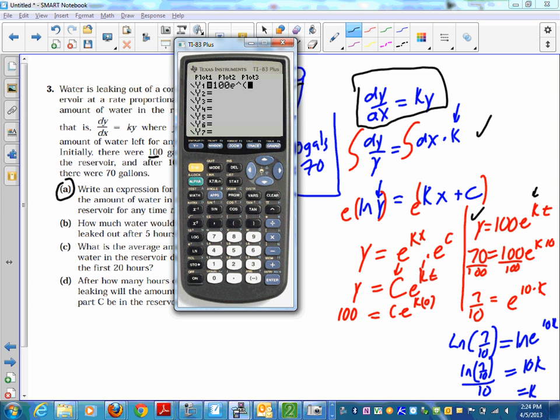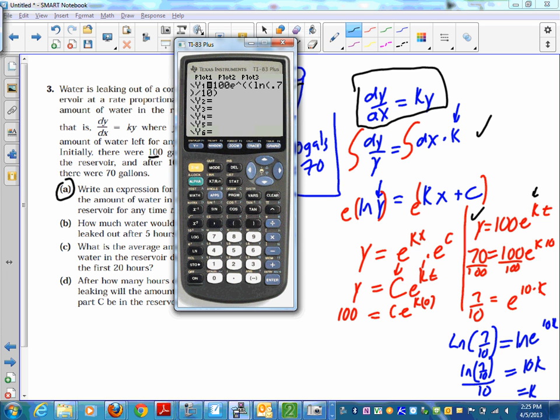This is going to get a little bit tricky here. Maybe we should put parentheses around the numerator, which is the natural log of 7/10. So we have the natural log of 0.7, like a type, at 0.7, close that parenthesis, and divide by 10. Now we'll close that parenthesis.